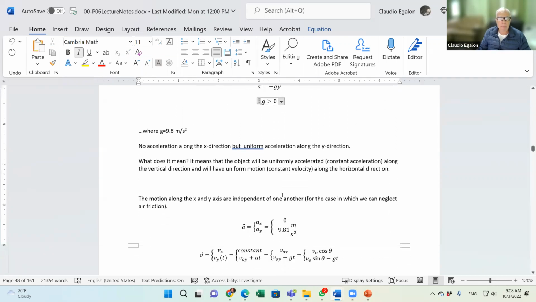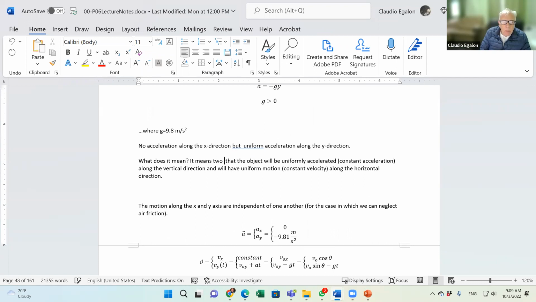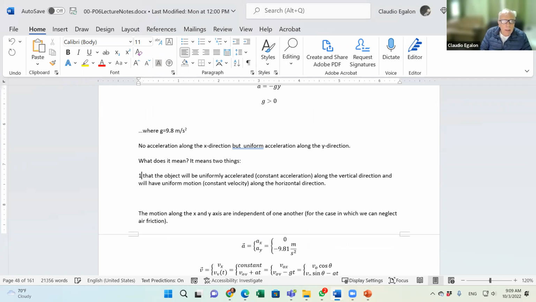Okay. What does it mean? It means two things. One, the object will be uniformly accelerated along the vertical direction, and two, the object will have uniform motion along the horizontal direction.